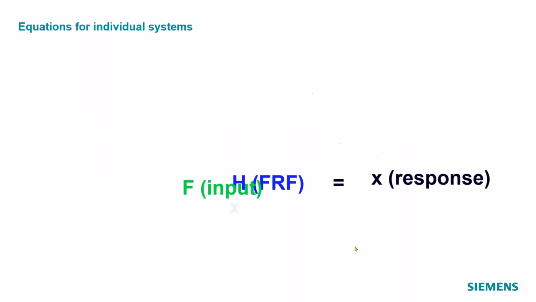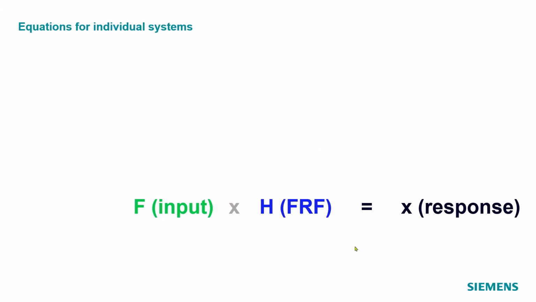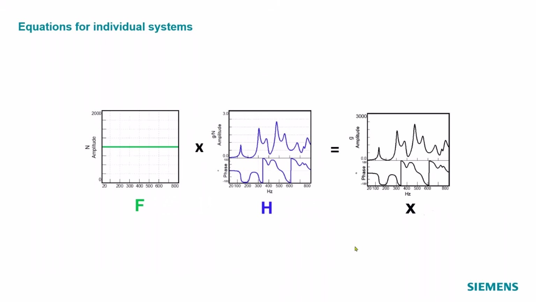To use these FRFs and our forces in order to predict a response, we can always multiply our operational force times an FRF and calculate what the response is going to be. We have some operational force, shown as a constant broadband force here, but we multiply that by the FRF at some location, and we can predict what the response at that location will be.